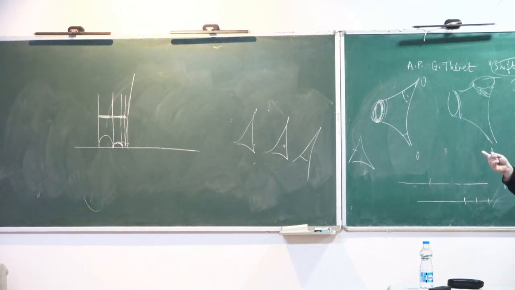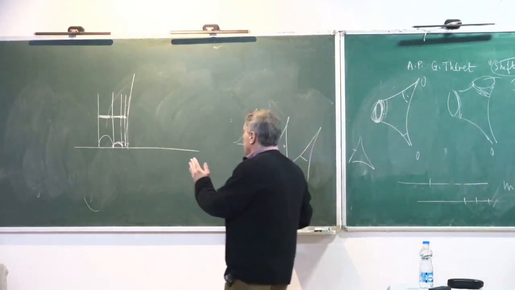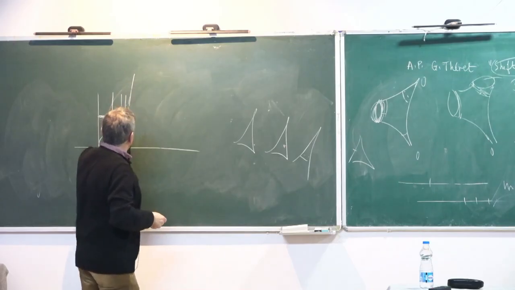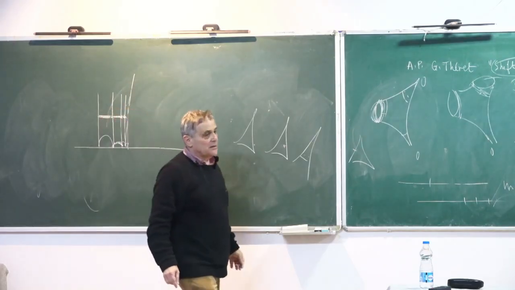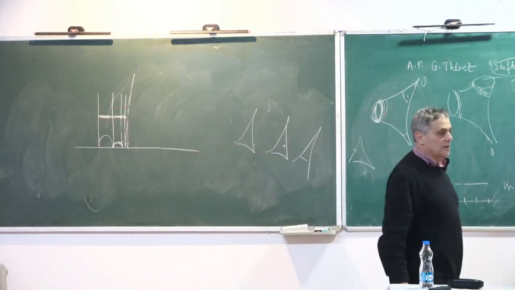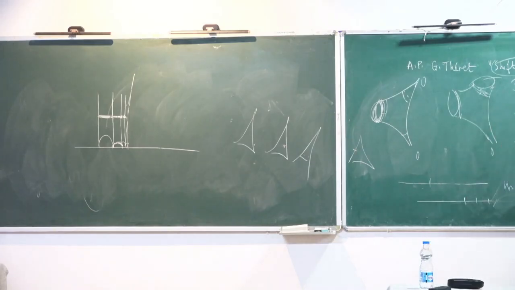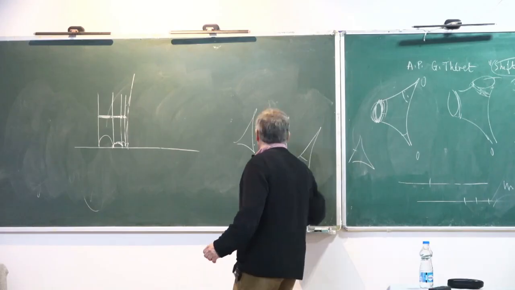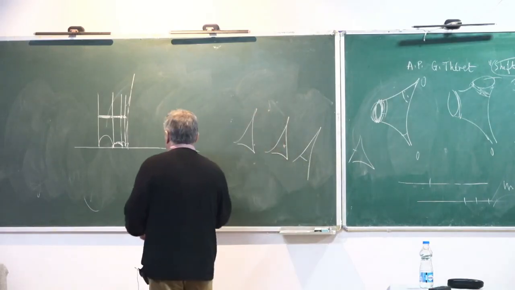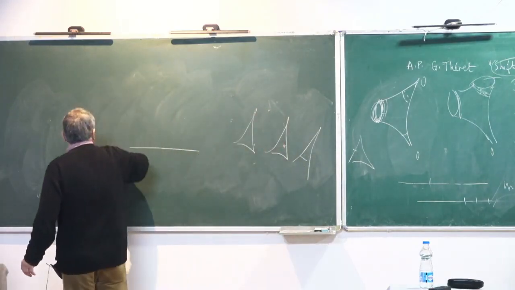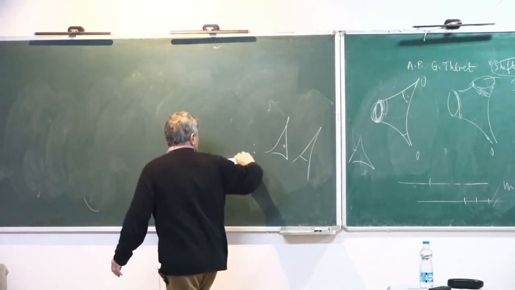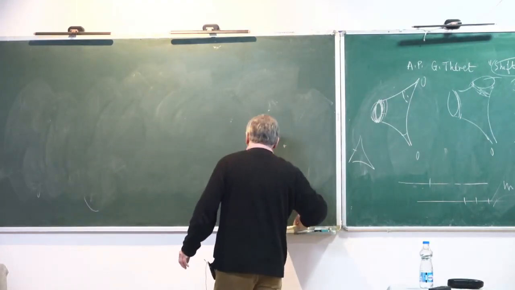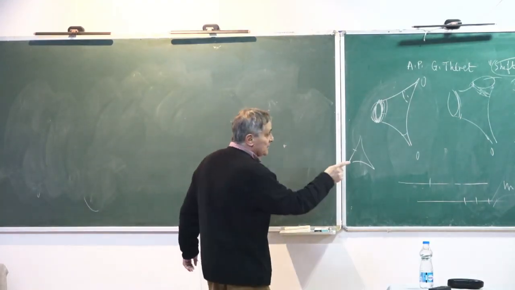So the lift of the limit geodesic is the lift of the boundary component. Okay, so what I was saying, we know how to, yeah, I started there.